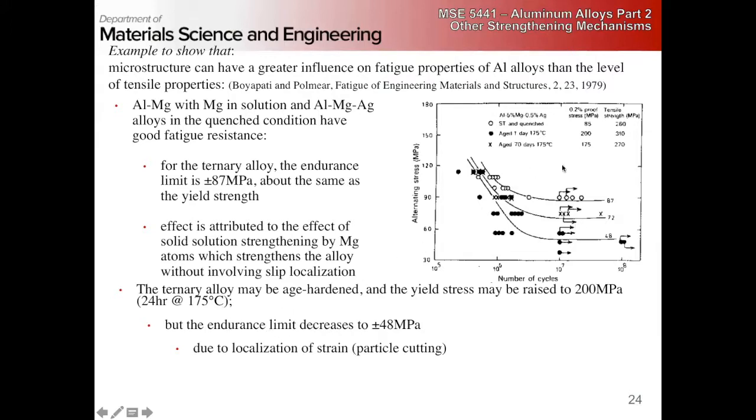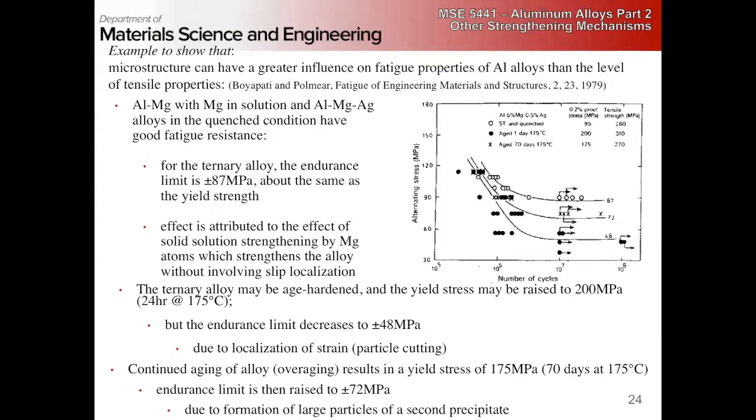If we do the ternary alloy and we age harden it, our endurance limit decreases to 48 megapascals, but our yield strength increases to 200 megapascals. This is due completely to particle cutting and strain localization.